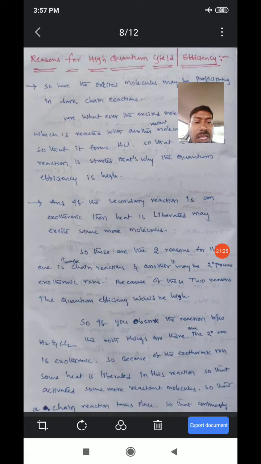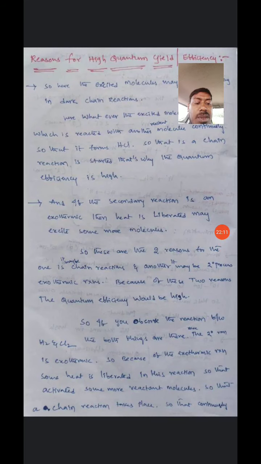And if the secondary reaction is exothermic, then heat is liberated, and this heat may excite some more molecules. So these are the two reasons: one, it may be chain reactions, and another, the secondary process may be an exothermic reaction.